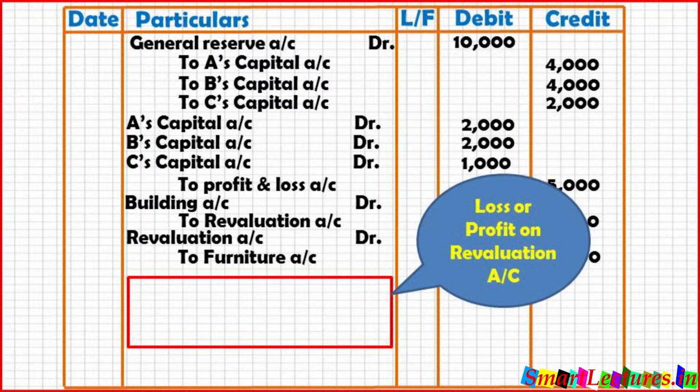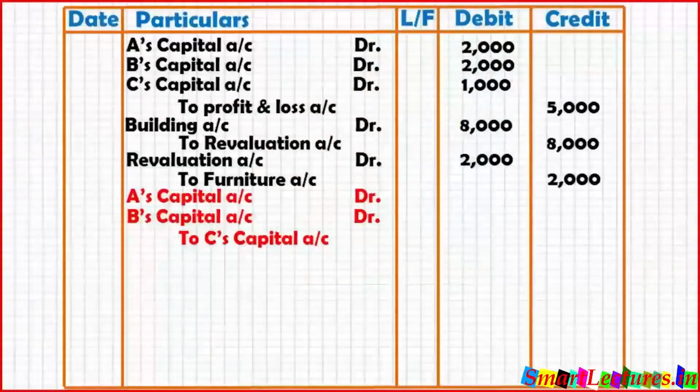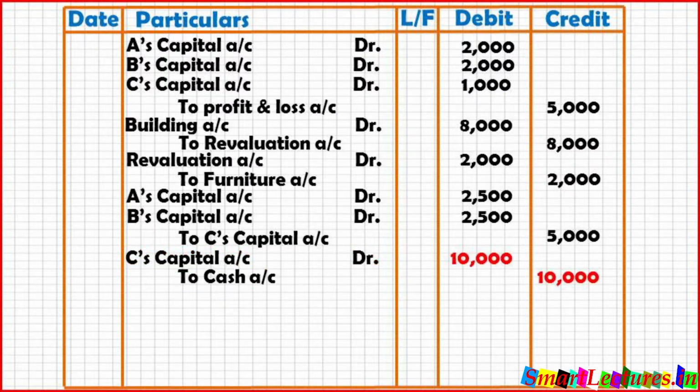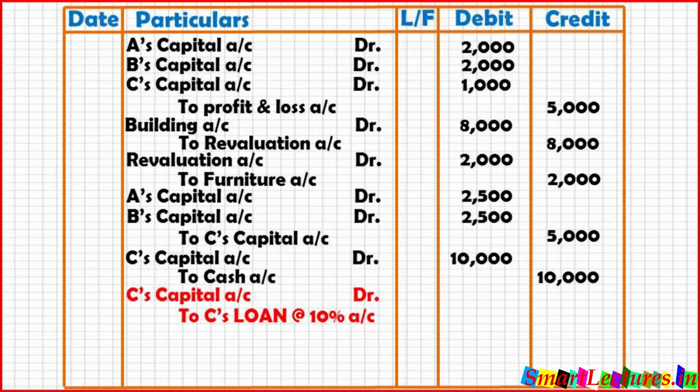And after that, this is the turn of adjustment entry for goodwill, that will be A, B to C, 2,500, 2,500 and 5,000. Then C's capital account debit to cash 10,000, then C's capital account debit to C's loan at the rate of 10%. We don't know the amount, so I am going to leave the space for the amount. I will come to know when I prepare C's capital account in the ledger posting.